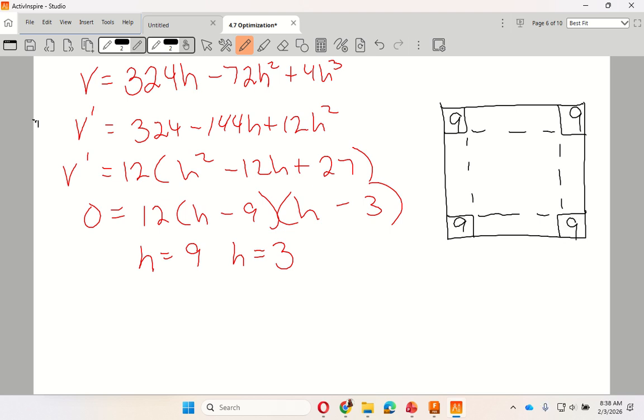Does that work? Can anyone tell me why it does not work? What is the maximum value I get right here? The maximum value is 18, isn't it? So I cannot cut out a 9 and 9, can I? If I cut out 9 and 9, I won't have a width or a height here, will I? That value would be 0 because it would be all cut out anyway. So I can't use 9s. So 9s don't work.